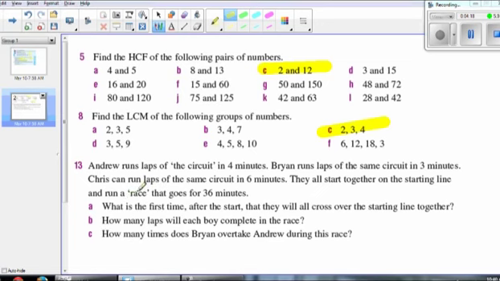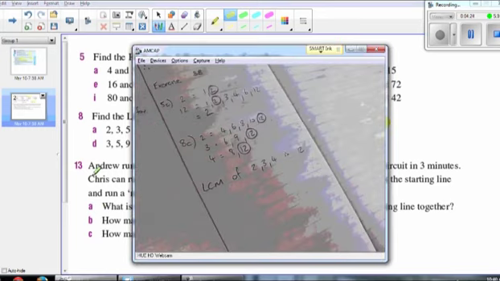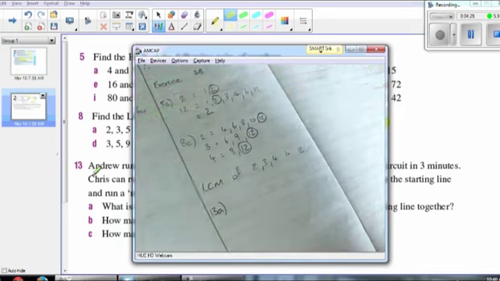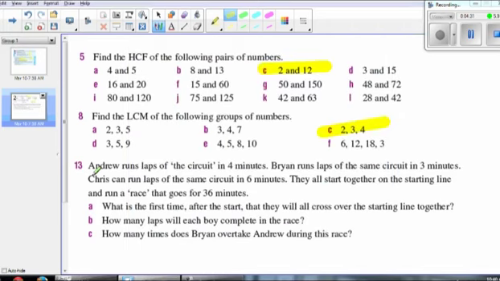All right, so this is very similar to the question that we did in the last chapter. So we're going to have to list the multiples of these numbers. So Andrew does it in 4. Brian does it in 3.